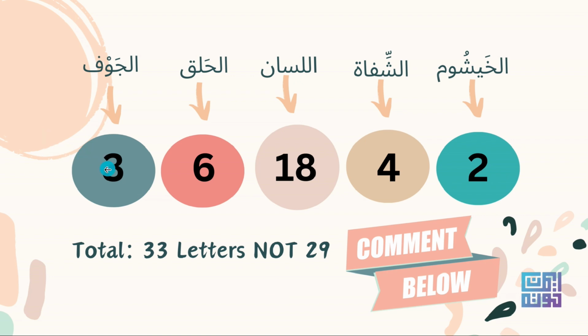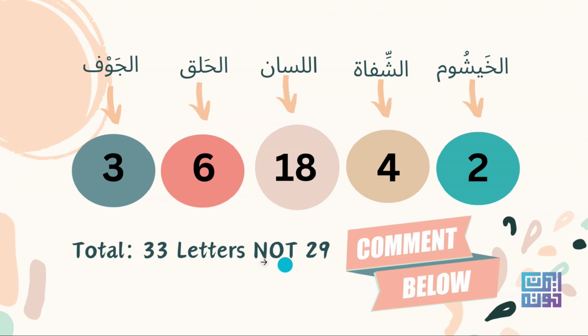We have 3 letters that emit from al-jawf, the empty space. We have 6 letters that are pronounced from the throat. We have 18 letters that are pronounced from the tongue, 4 letters from the lips, and 2 letters from the nasal. And the total here is 33 letters. But we have 29 letters in the Arabic alphabet.